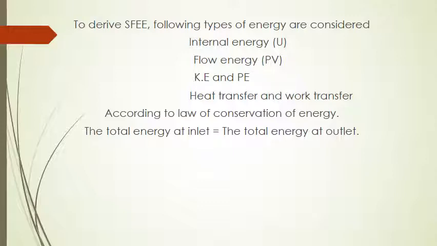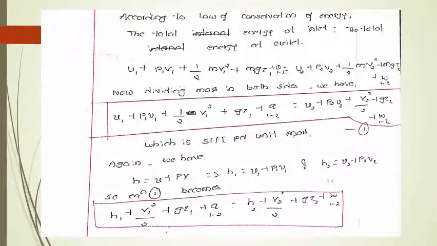According to the law of conservation of energy, the total energy at inlet is equal to the total energy at outlet. Using this fundamental principle, we derive an expression for steady flow energy. The energies at inlet are U1, the internal energy, P1 V1, plus kinetic energy, plus potential energy, plus heat transfer.